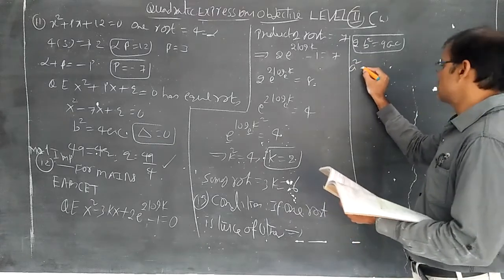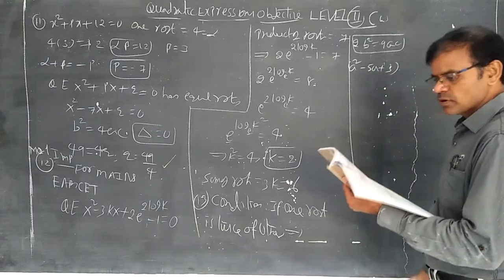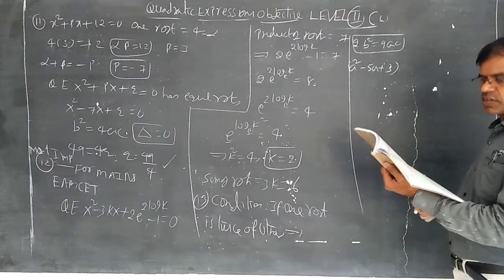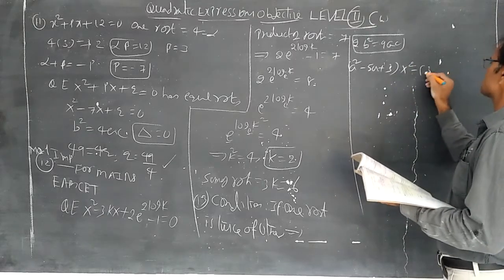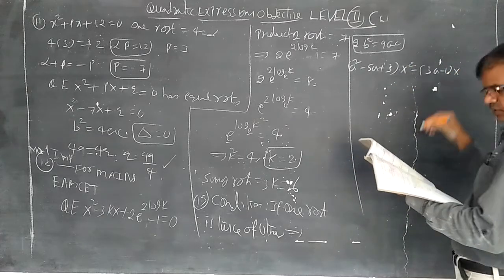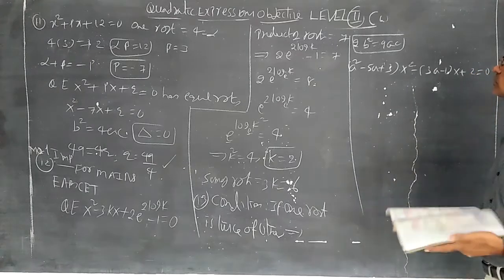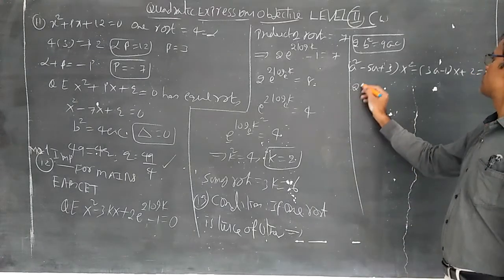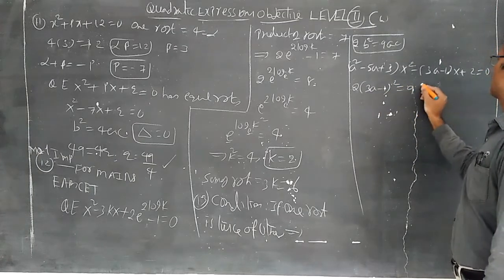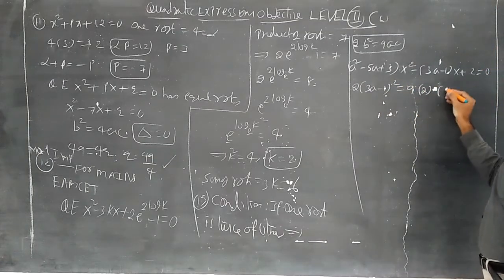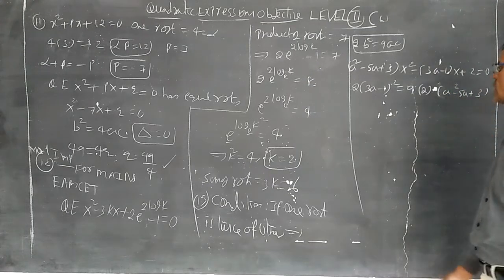QE: a square minus 5a plus 3 into x square minus of 3a minus 1 into x plus 2 is equal to 0. Apply here 2 into b square, 2 into 3a minus 1 whole square, equals 9 into 2 into a square minus 5a plus 3.